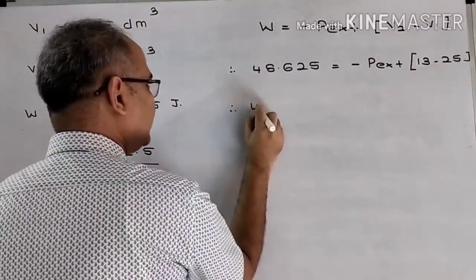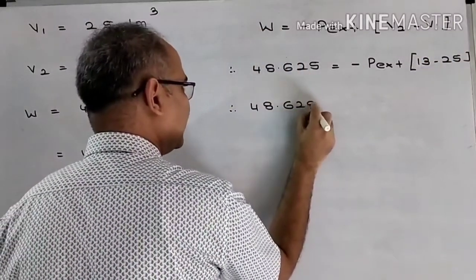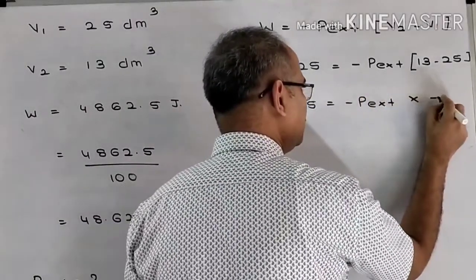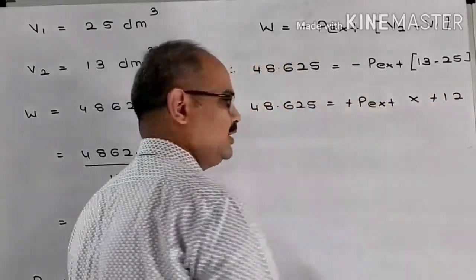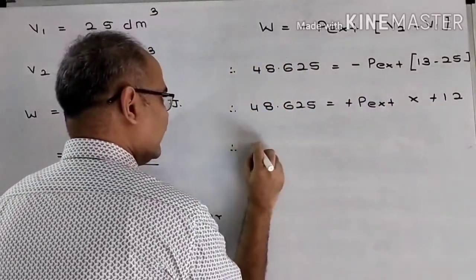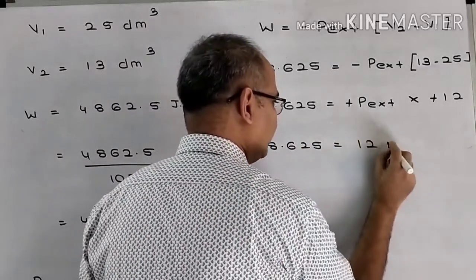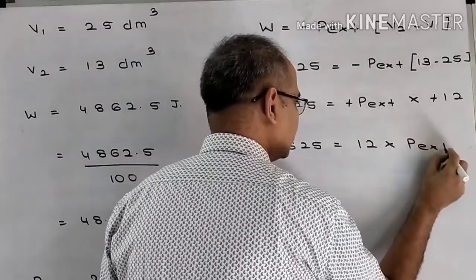So 48.625 will be equal to minus P external into minus 12. This minus sign will get cancelled. Therefore 48.625 will be equal to 12 into P external.